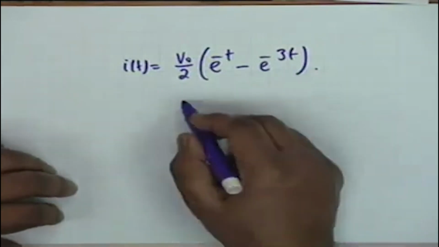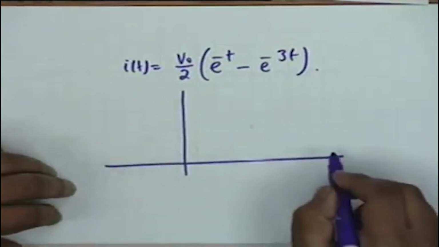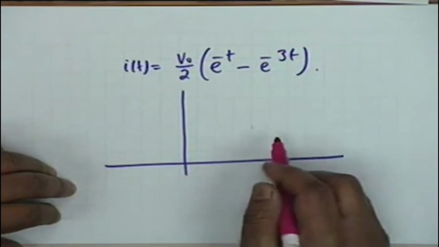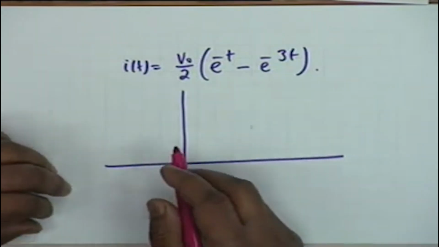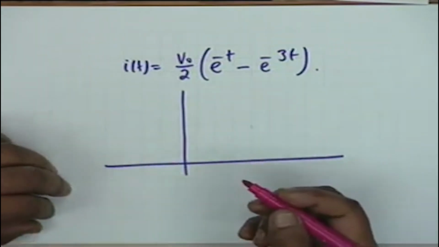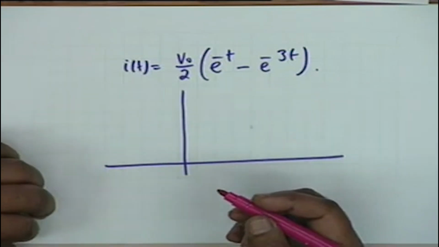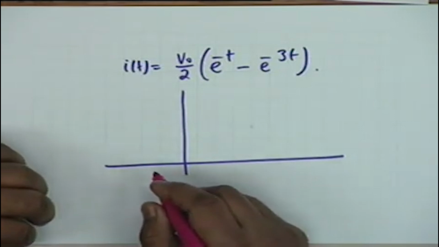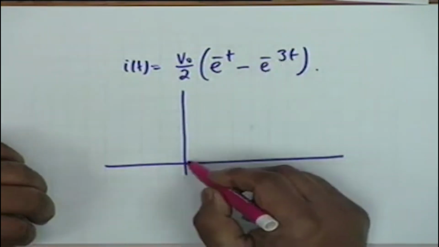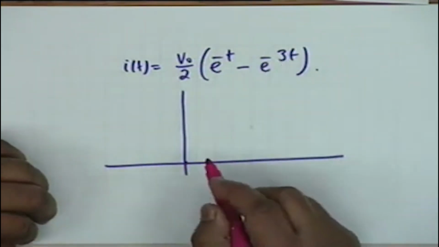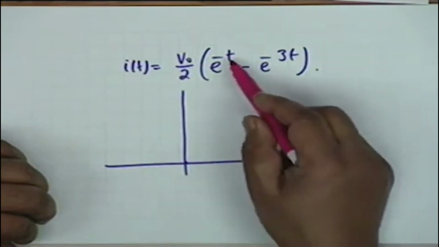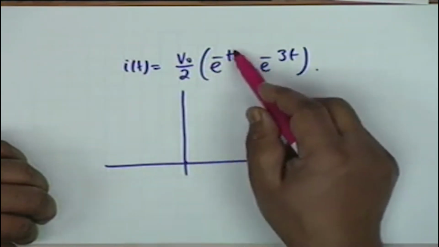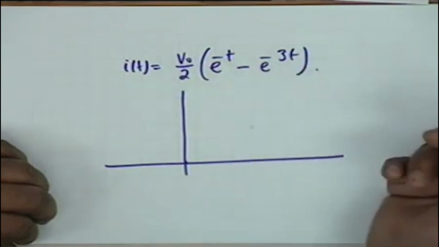How do you think the current will behave with time? How shall it vary with time? Obviously at 0 minus the current was 0, at 0 plus the current will be 0. Put t equal to 0, it is 0. When t goes to infinity, this term goes to 0, this term goes to 0, 0 minus 0 is 0.